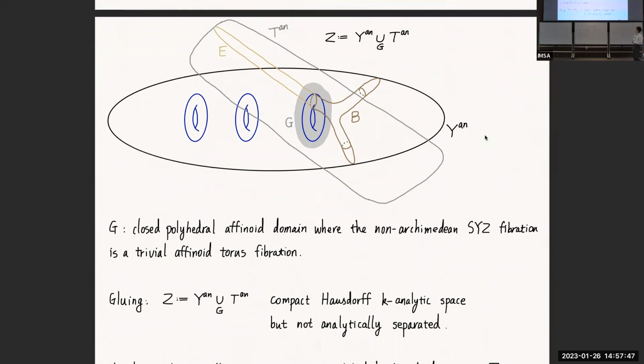So if we do this gluing, we get a compact Hausdorff k-analytic space, because we are gluing two topological spaces along two closed subsets.